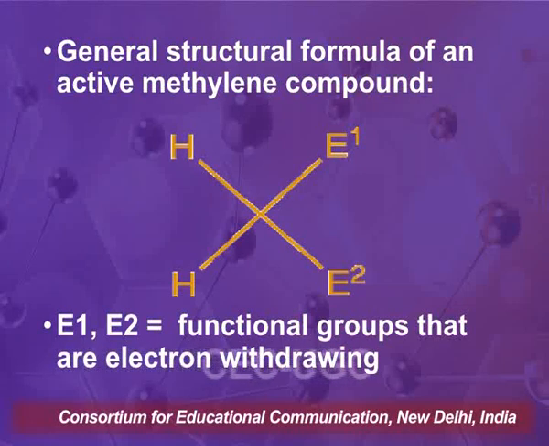As you can see on your screens, a CH2 group is attached to two groups which are E1 and E2. These E1 and E2 are electron withdrawing groups. That is, when they are attached to the methylene group, they will pull the electrons towards themselves.